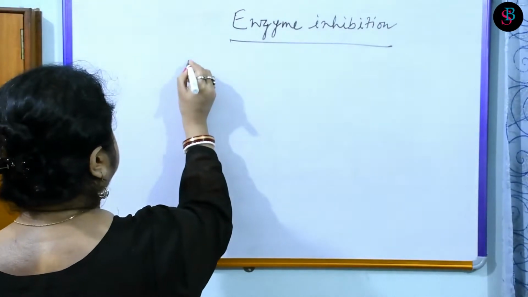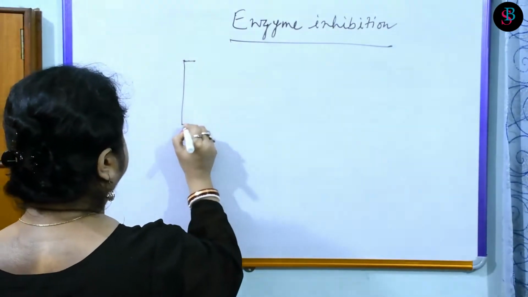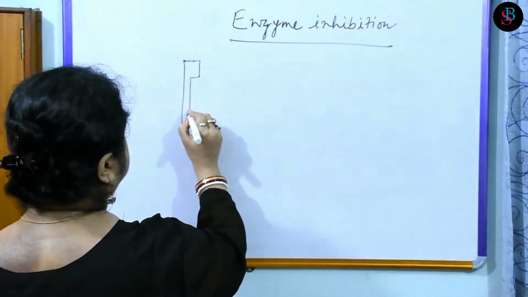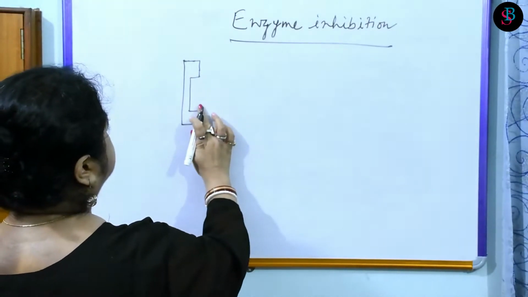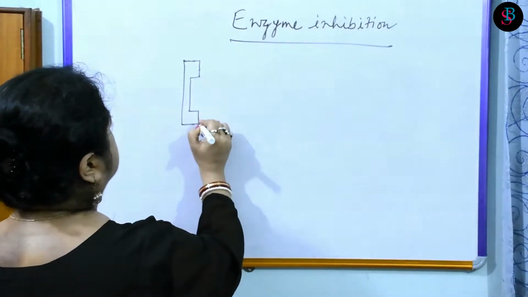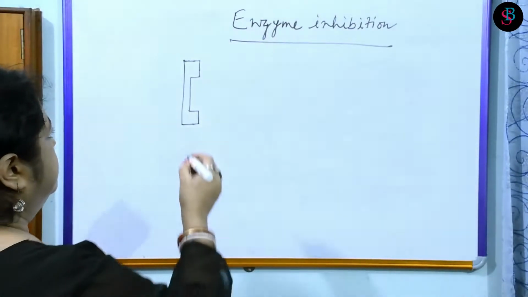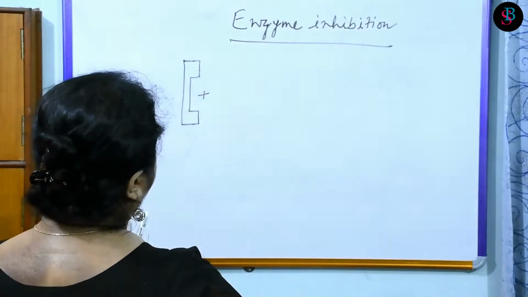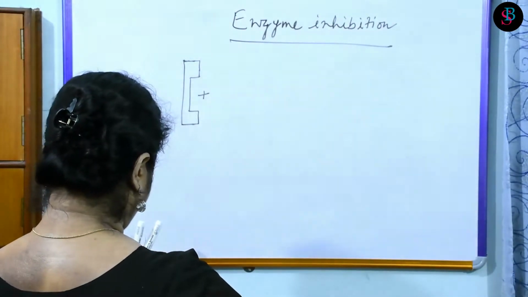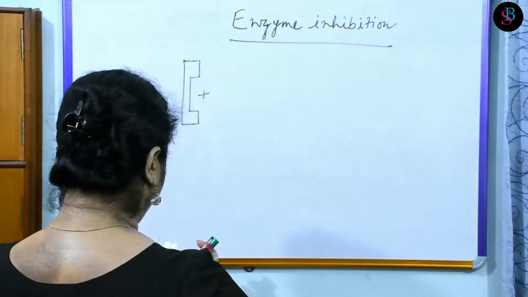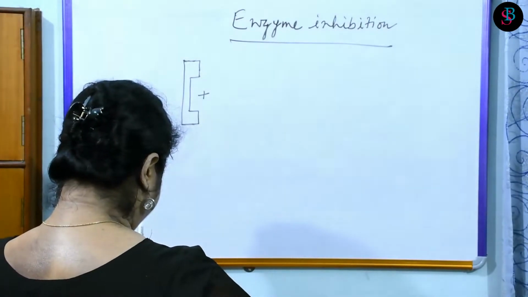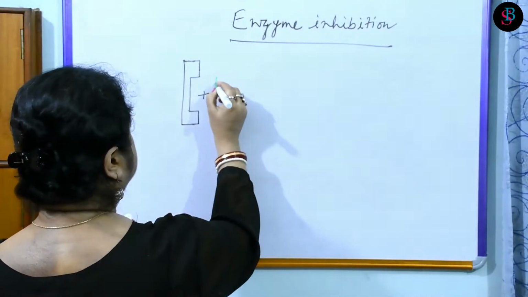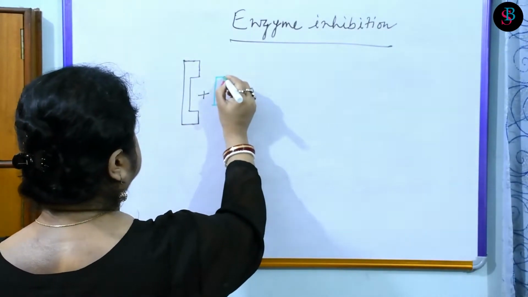So if I draw the model in this way, this is the enzyme. We know from the last video that the structure of the substrate should be at par with the enzyme, and this is like that. This should be of this kind.